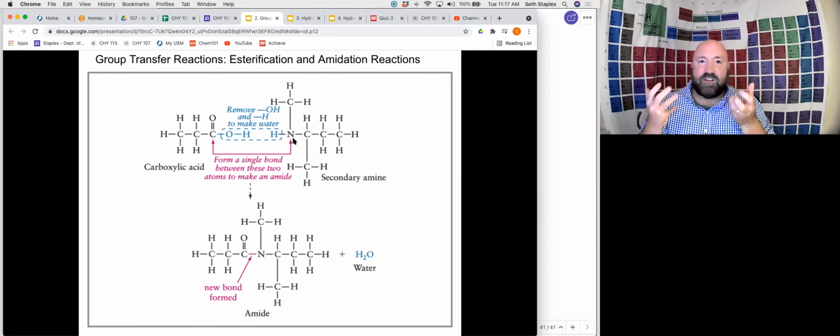Everything else just stays attached as is. The chemistry, what is actually going on chemically, is happening here at the OH and here at the H for the N on the amide. Everything else just comes along. Nothing else is going to change. And those are group transfer reactions.